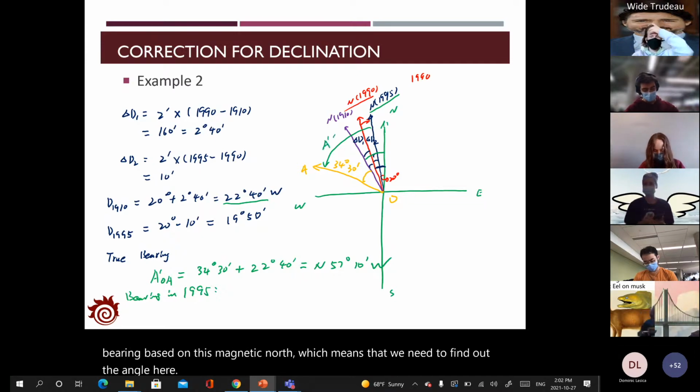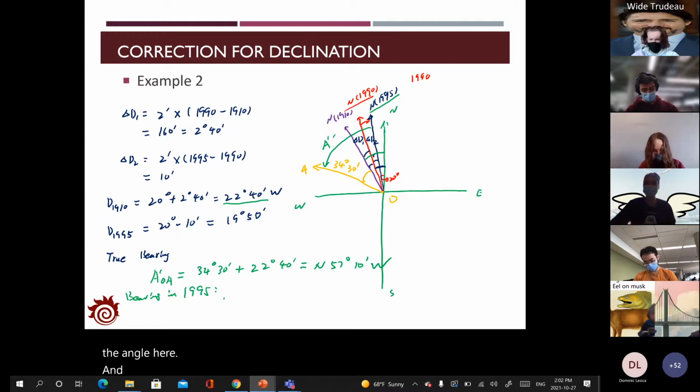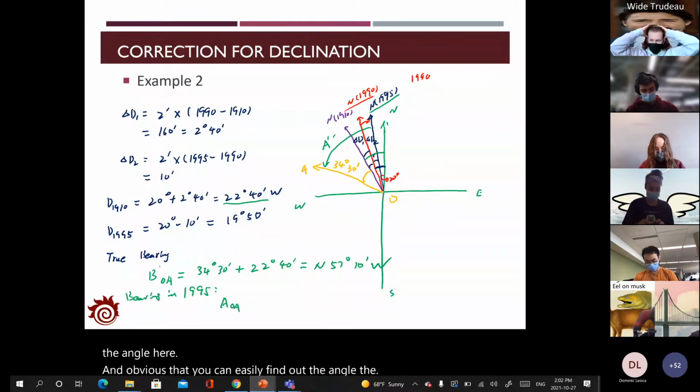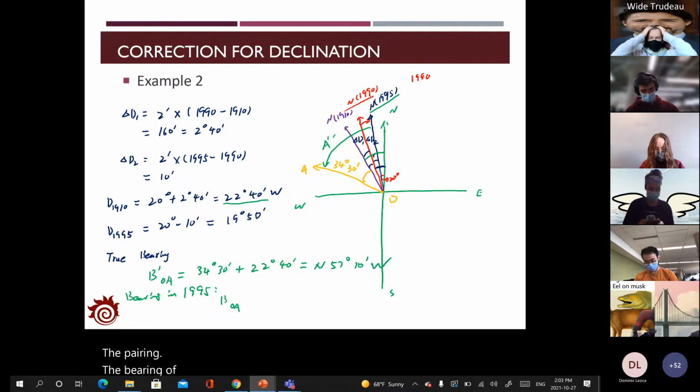And with that, you can easily find out the bearing of the line O to A as the true bearing minus the declination in 1995.